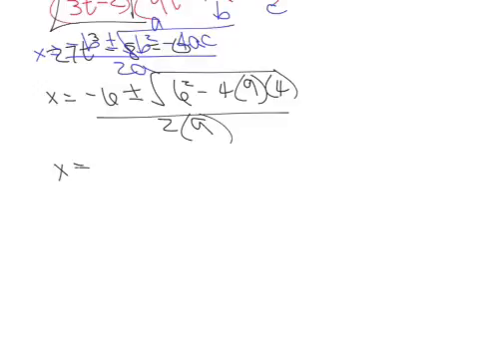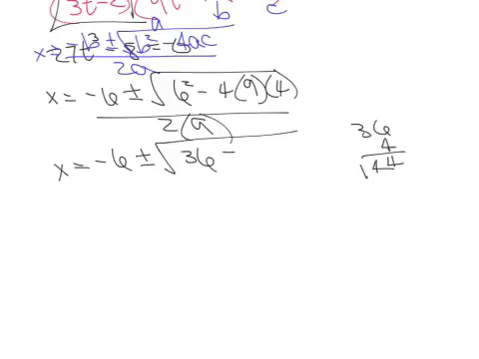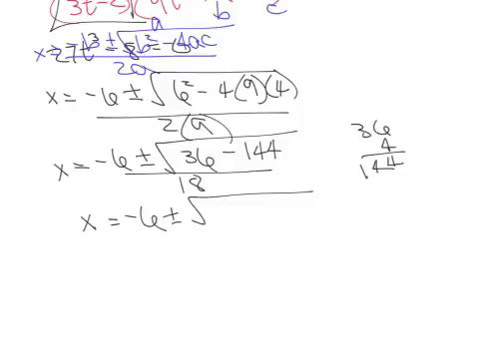Alright, so again, we do what's inside the radical first. 36 minus 9 times 4 is 36 times 4, 144, over 18. 144 minus 36 is 108.